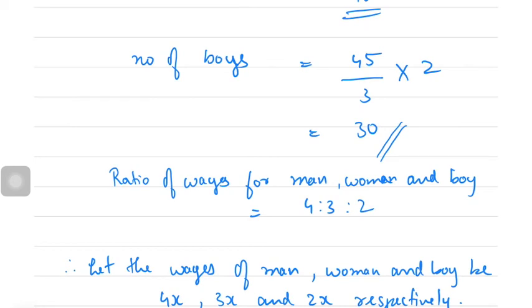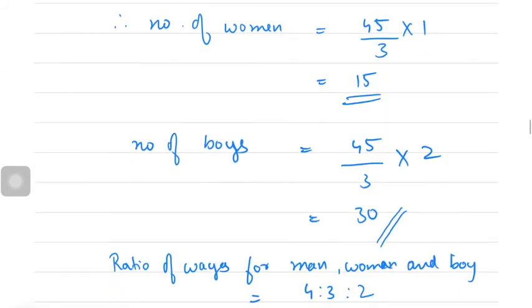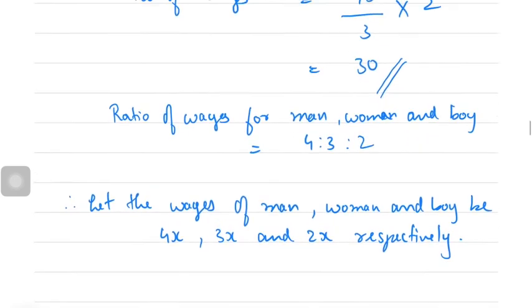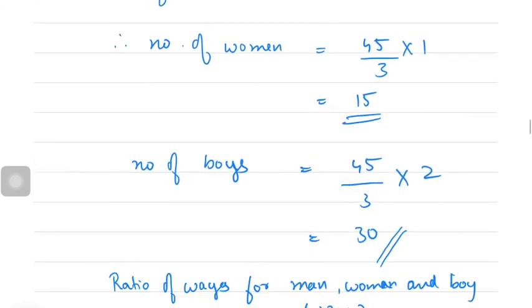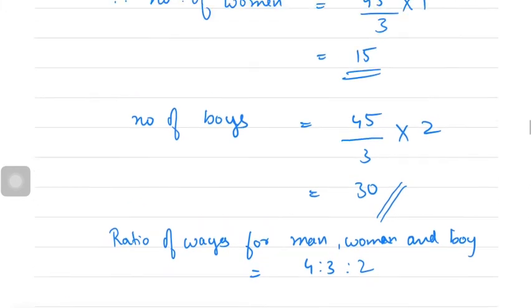Okay. So wage of one man would be 4x, wage of woman let it be 3x, and wage of boy let that be 2x. Okay. And in the question it is given that the total wage of all the employees together is 1425. Okay. So that means there are 45 men, correct? So 45 men and their wages per man is 4x, right?